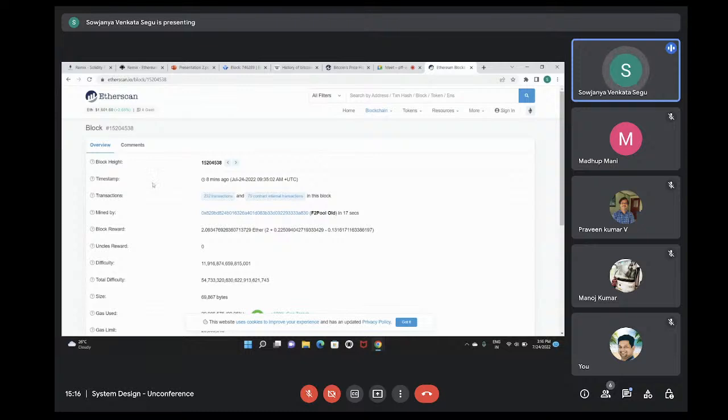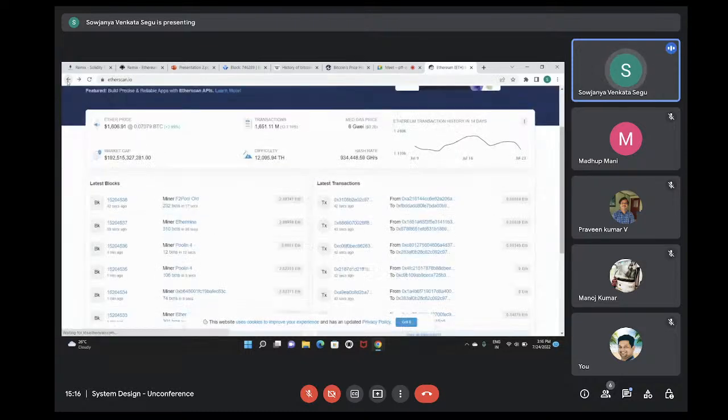For the developers, there are test networks like Rinkeby, Ropsten, Goerli. There are multiple test networks where we can deploy our smart contracts and learn and test. For that, we will get ethers for free from the respective faucets. Each test network has a faucet. We can request some ether.